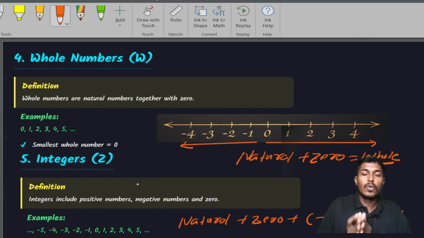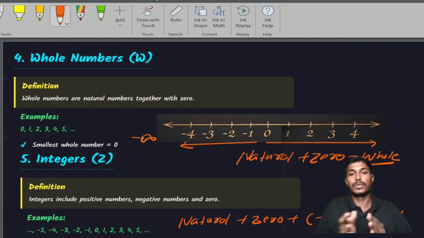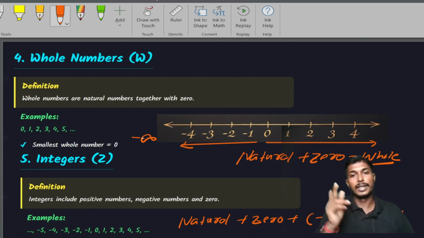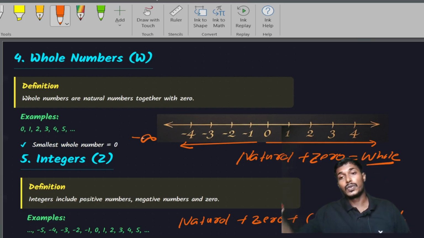Now if I ask you what is the smallest integer, you might say, sir, -1, -2. No, the smallest integer is not defined. Even so, if you have to say, then it will be negative infinity, and the largest integer will be positive infinity.